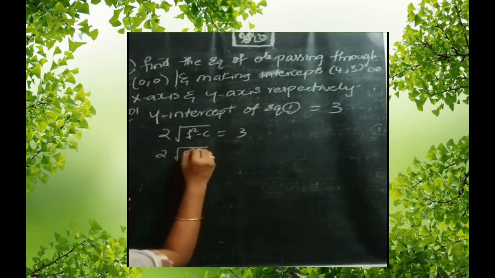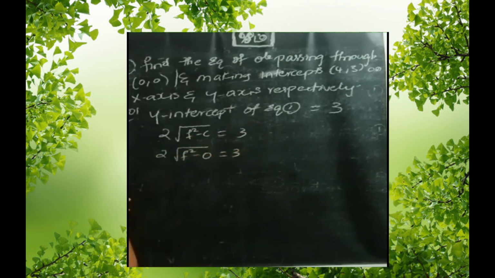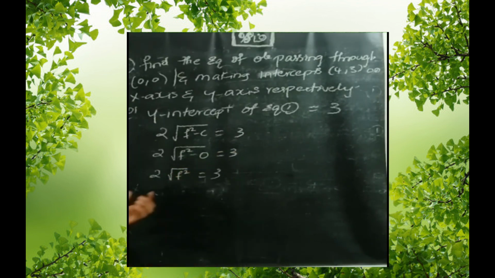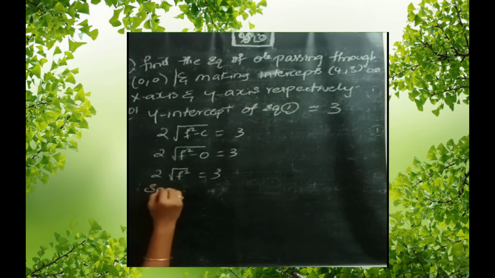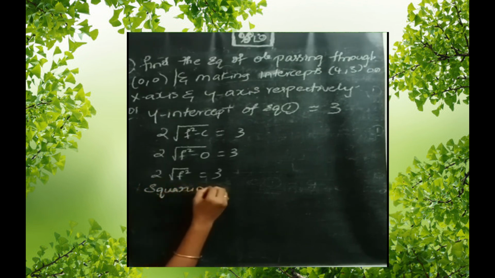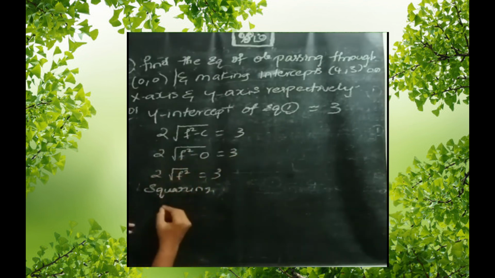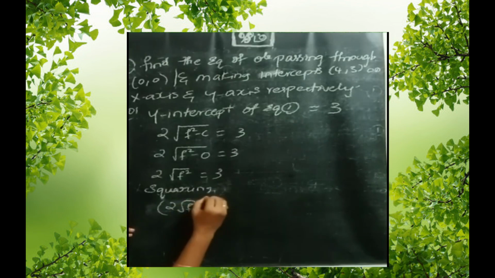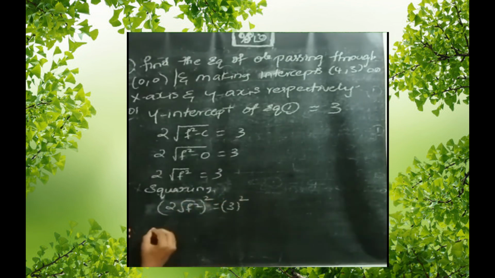If it is like this, you have to do squaring. Before, for the x-intercept also, you have to do it like this. So, squaring: 2 root of f square, whole square, equals 3 whole square.